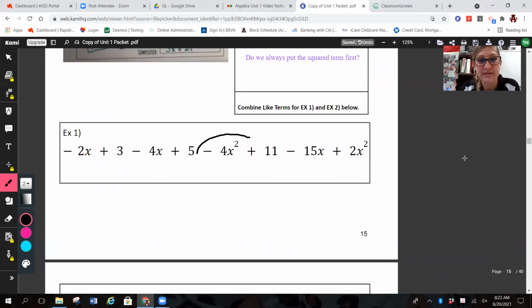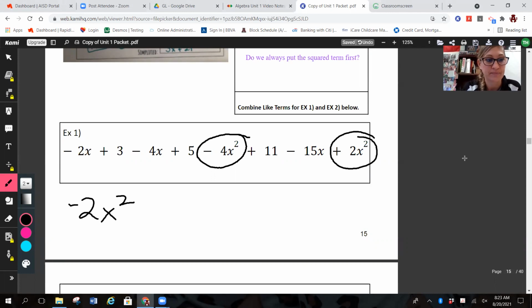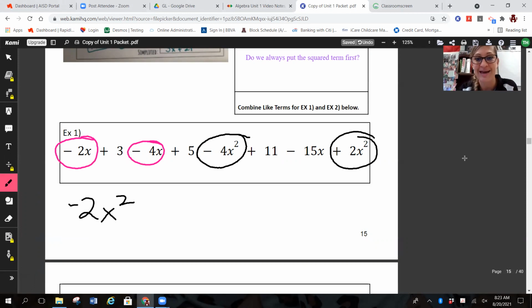So I see that this is a -4x squared and a +2x squared. And when I add a -4 and a 2, I get -2x squared. So that's the answer to your first set of like terms. Now looking at my x terms, there's a lot of them. I see this x, I see that x. Guys, notice I'm circling the sign with the term.